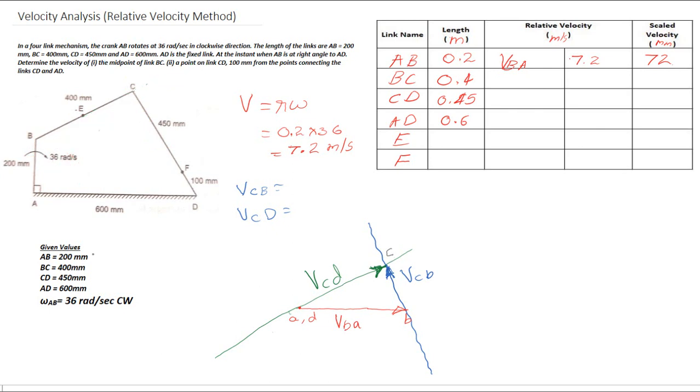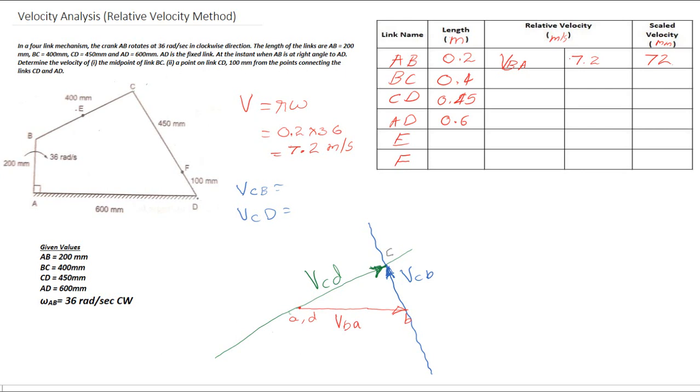So next you have to identify the points E and F. E is the point on link BC which is exactly at the middle of the link BC, that is exactly 200 mm from B as well as C. And the point F is located at 100 mm from the point D. You can see from the question, a point on the link CD which is 100 mm from the point connecting the links CD and AD.